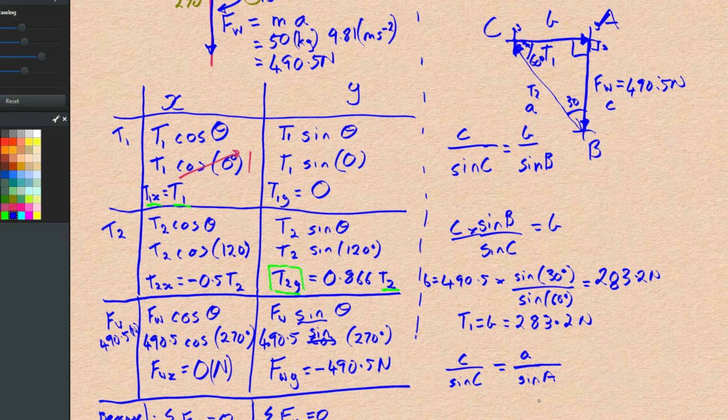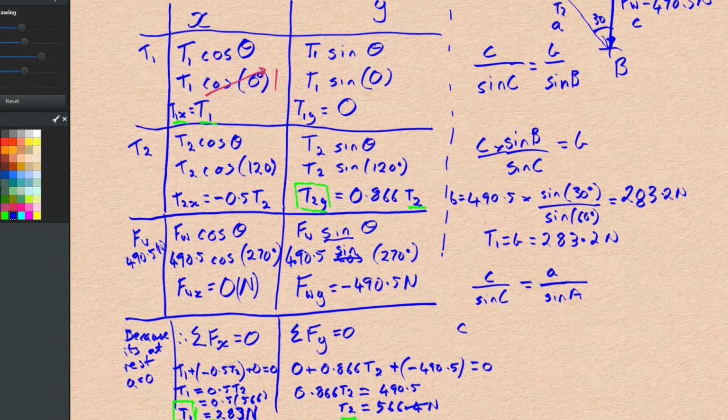So, let's multiply both sides by sine A. So we get c times sine of A over sine of C is equal to a, and my a represents T2 and my c represents FW.